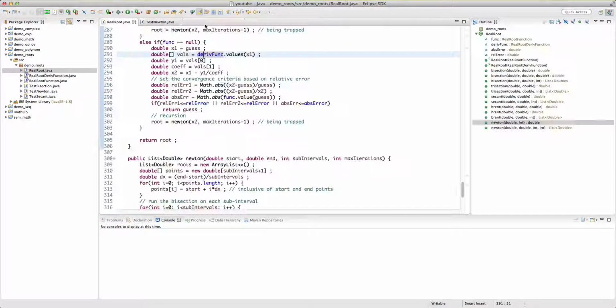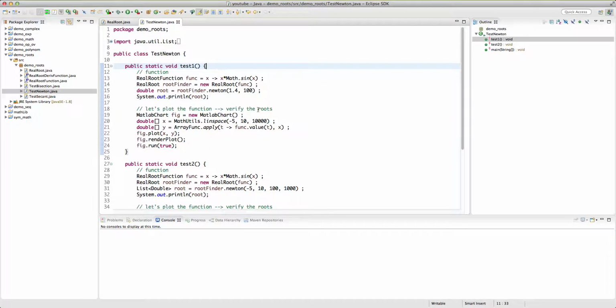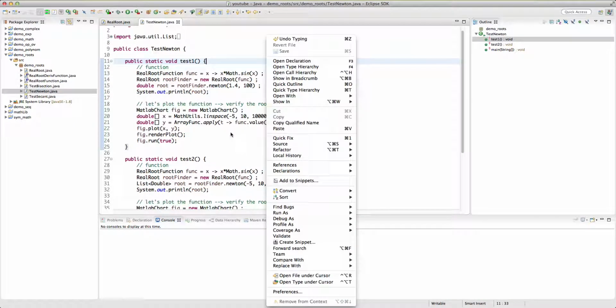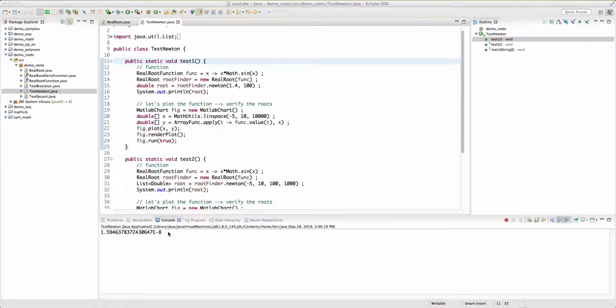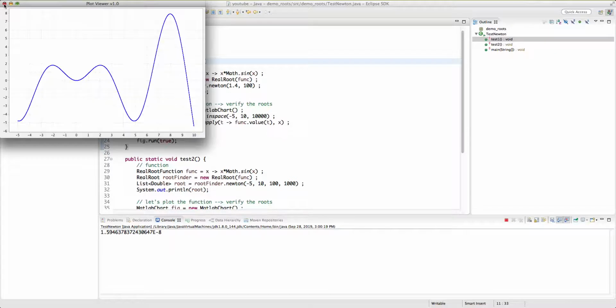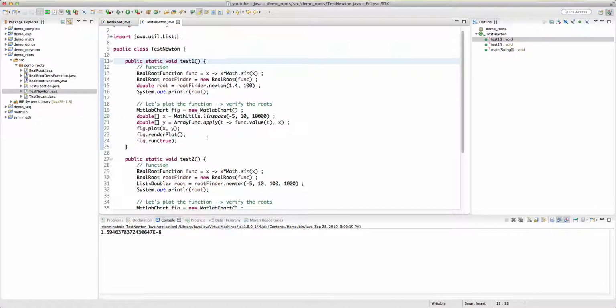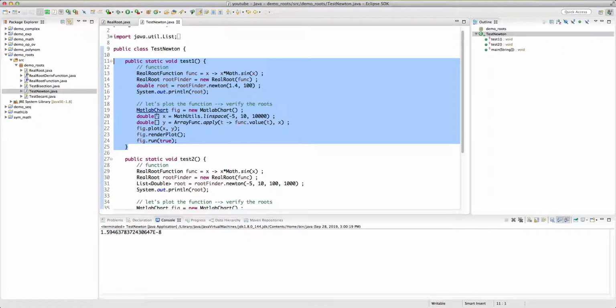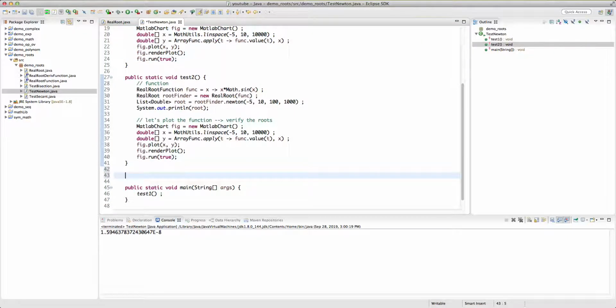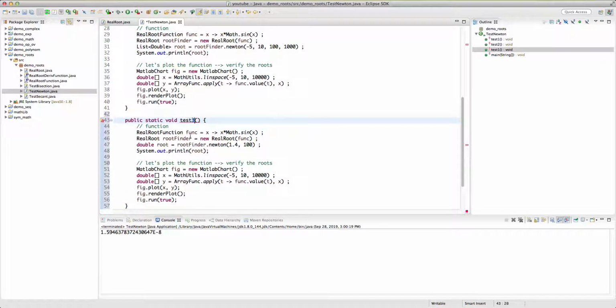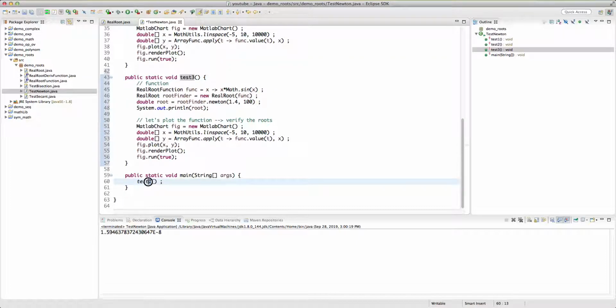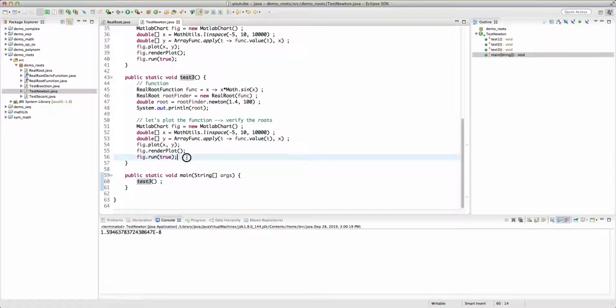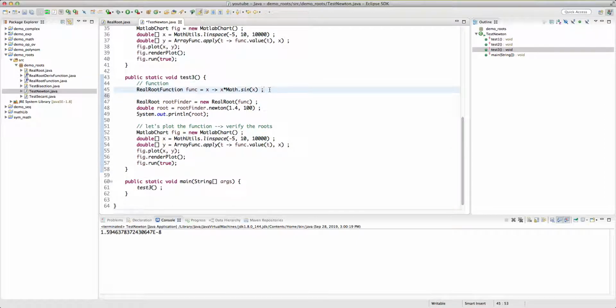So let's go to the test Newton class. We're running test 1. Let's make sure the previous implementation works. Yes, still returns 0. And let's create a third test, test 3, and we're going to run test 3. This time, instead of the real root function, I'm going to implement the real root deriv function.